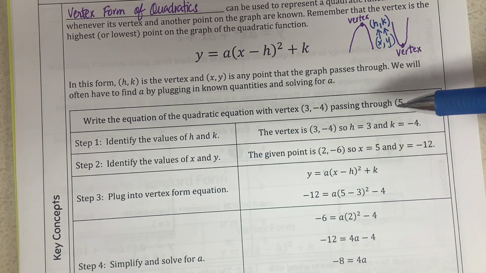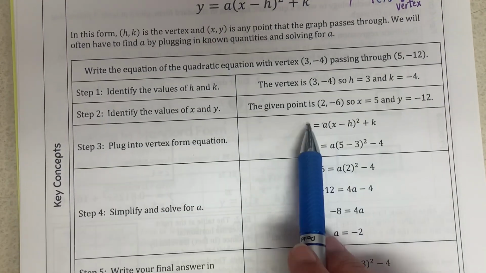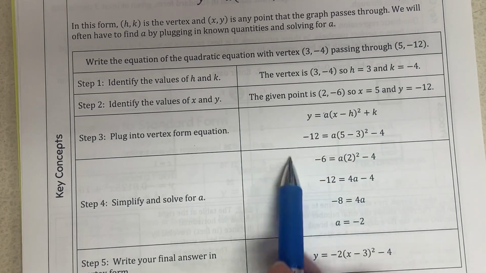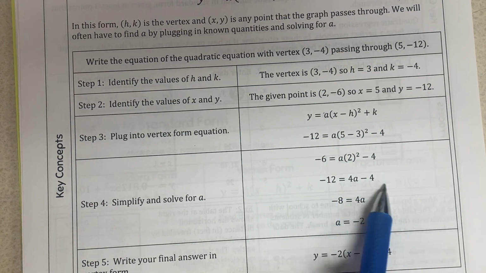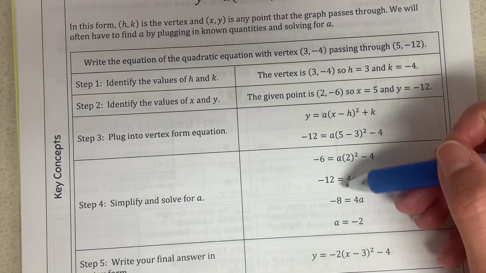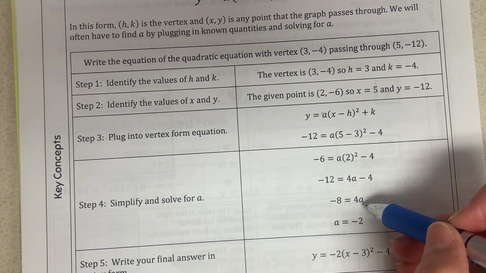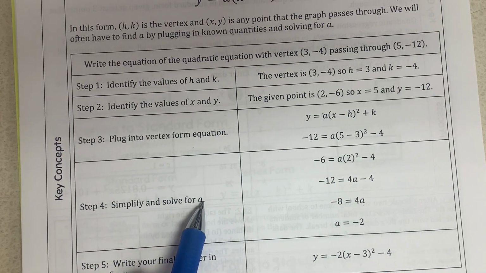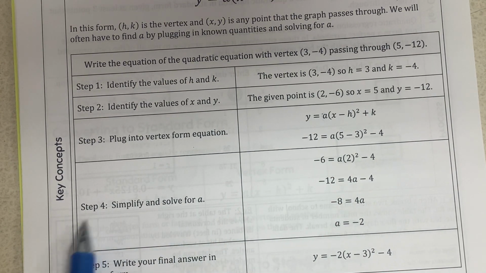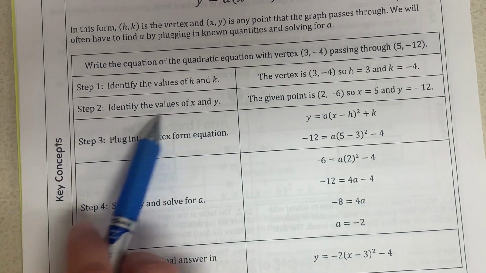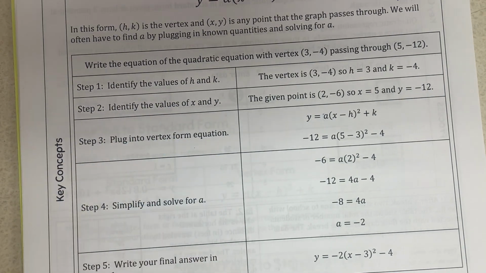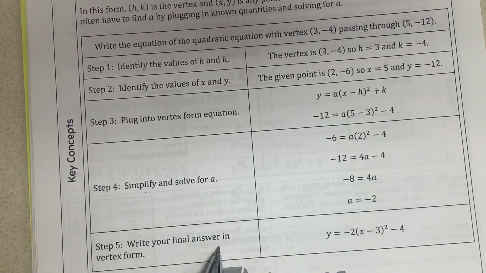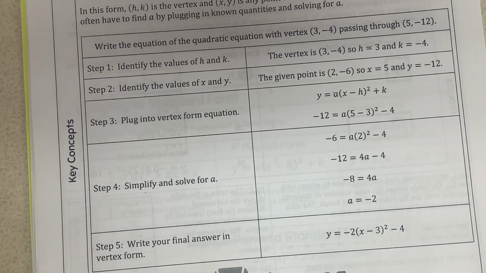You do not have a. After plugging in all the numbers, you simplify the equation. You make it smaller and cleaner, so you have a two-step equation and are able to solve for a. So you simplify and solve for a. That's step number 4. You identify h, k, identify x, y, plug in everything, and then simplify and solve. Once you're done, you have that equation written in vertex form.